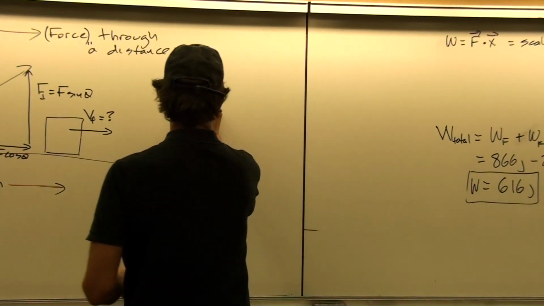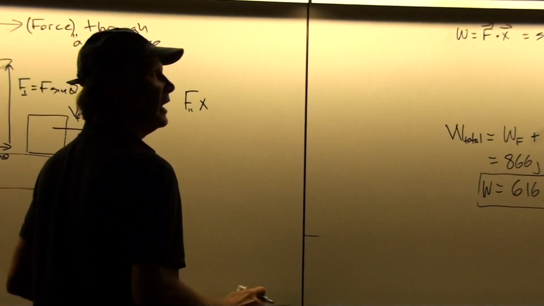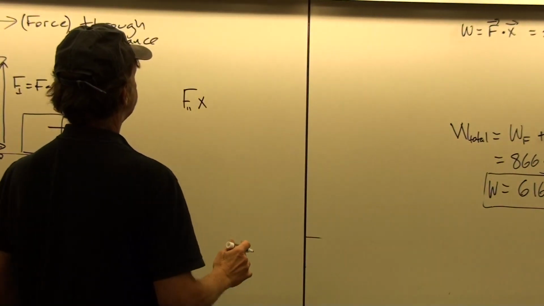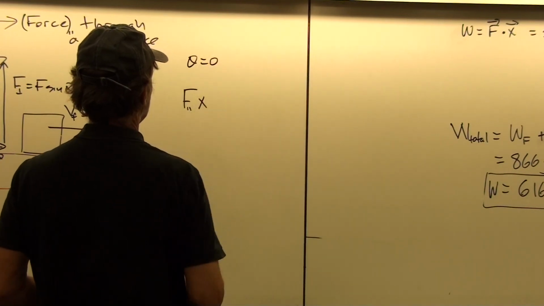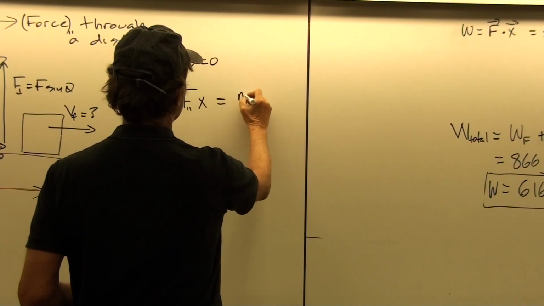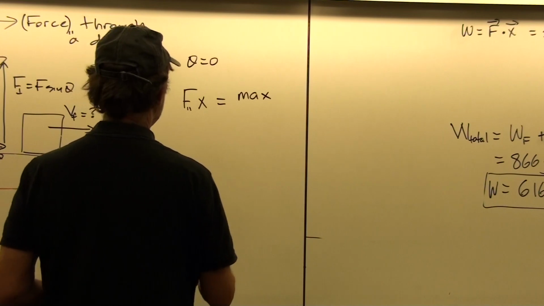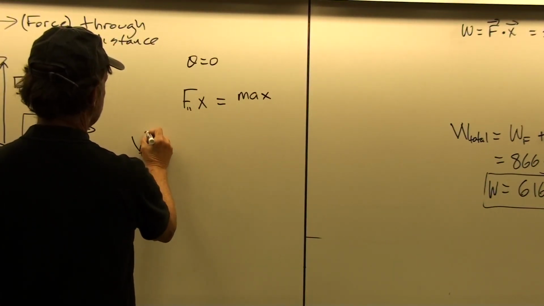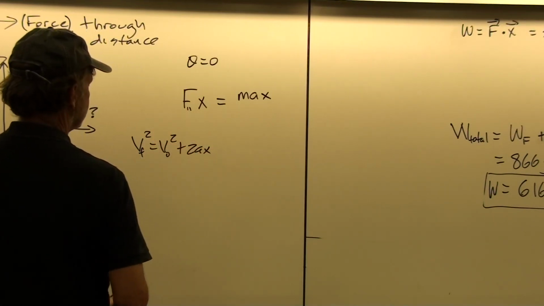We say F parallel times x, and in this problem, let's just assume that the angle is 0 degrees, just for simplicity. Then, if this is the case, then we can write F as mass times acceleration times x. But using a kinematics equation for a constant force, we can say that V final squared equals V initial squared plus 2ax.